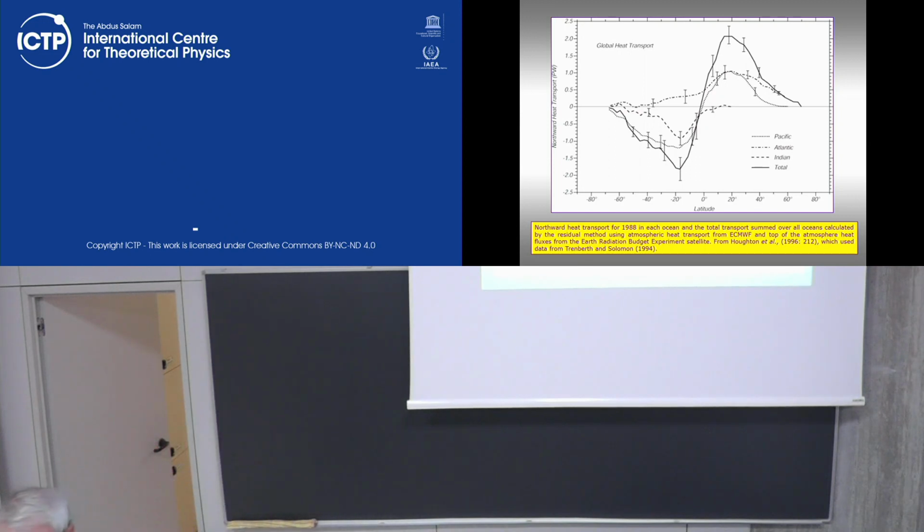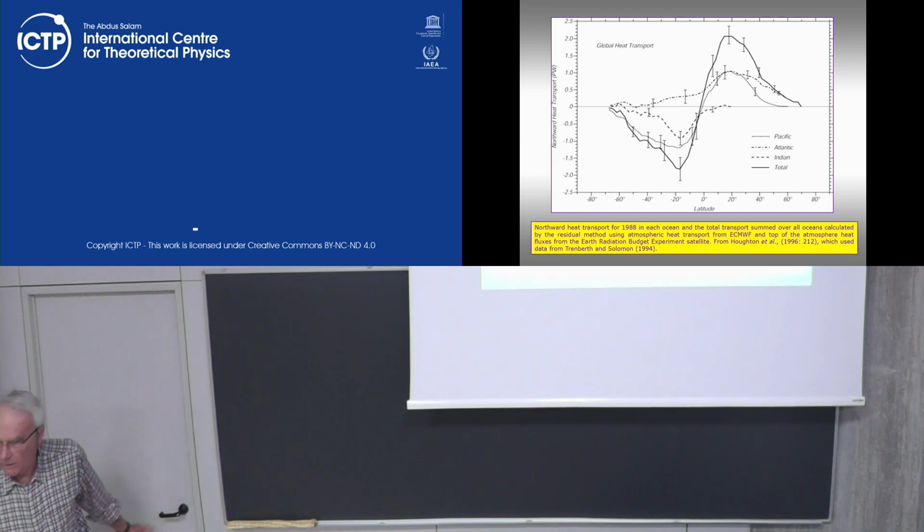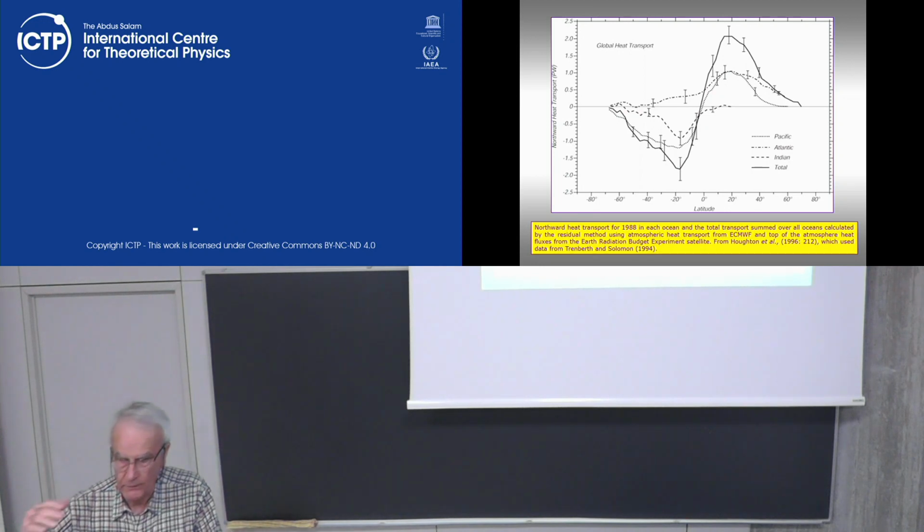So what we will be talking about now is the global heat transport. As I told you before, the global heat transport by the currents is keeping these differences between polar and equatorial regions constant, because there is a continuous lack of energy received from the sun in the polar areas with respect to the equatorial area.